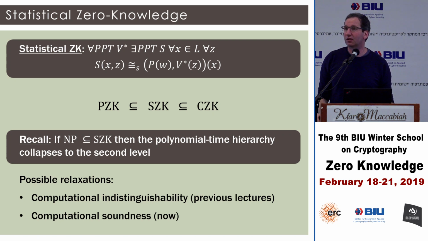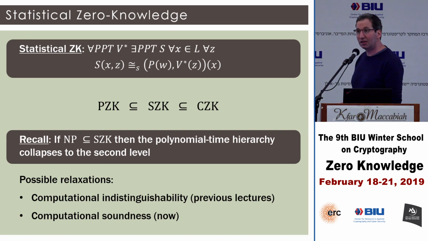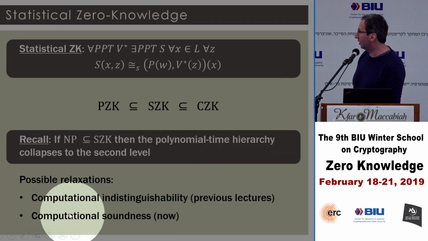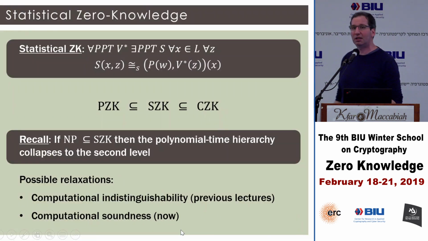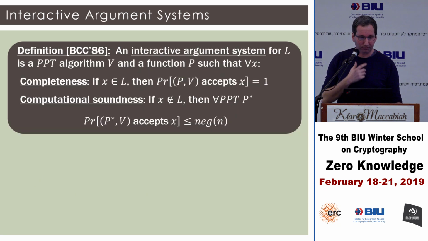The first relaxation is computational zero knowledge, to make the simulation computationally indistinguishable. And the other relaxation, which we'll be focusing on now, is computational soundness, meaning that we will require the simulation to be statistical, but the soundness will be required to hold only against computationally bounded provers instead of arbitrary provers.